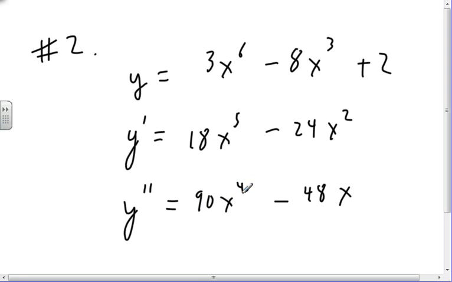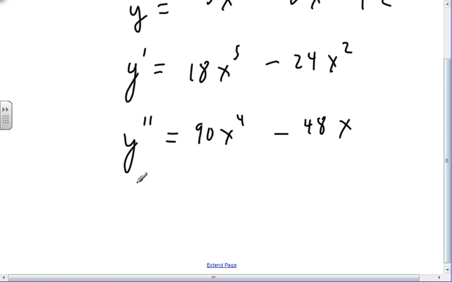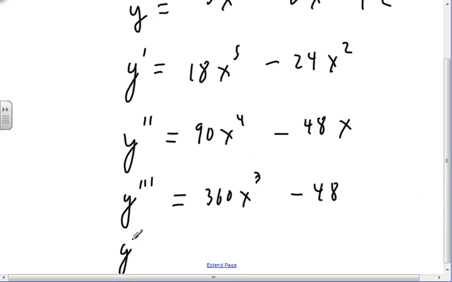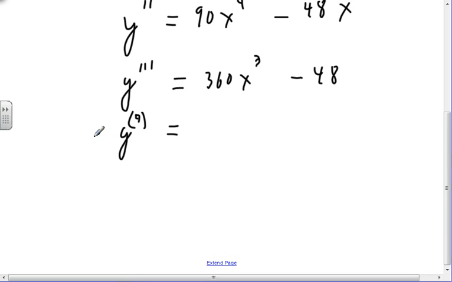plus 90x to the 4th. The triple derivative, third derivative, minus 48 plus 360x cubed. And the fourth derivative, sometimes you'll see it written y to the IV in parentheses. Sometimes you see it written y to the 4th in parentheses.